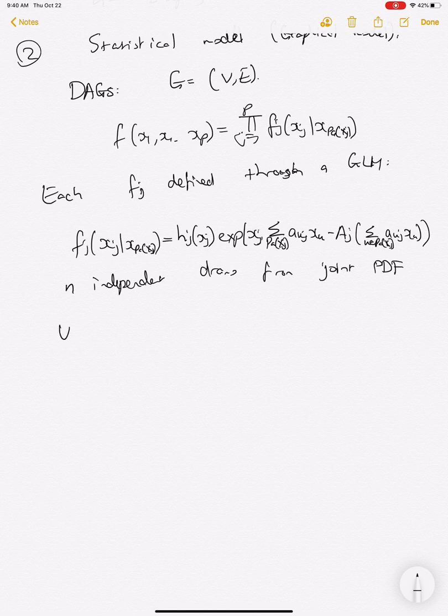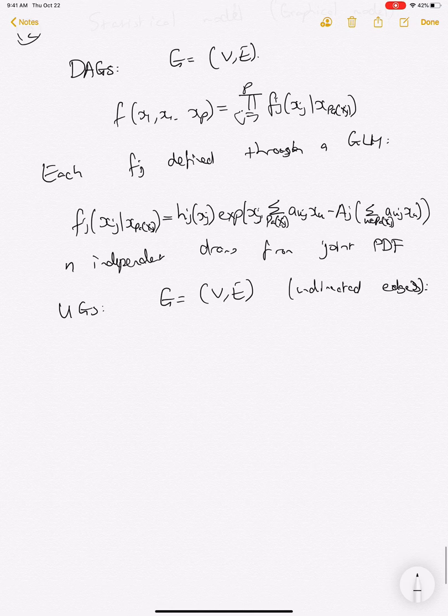And then for the undirected graphs, we again have G equals (V, E), but these edges are now undirected. Then we have the factorization, which is a little bit different and not something we need to worry about too much, but I'll write it here.